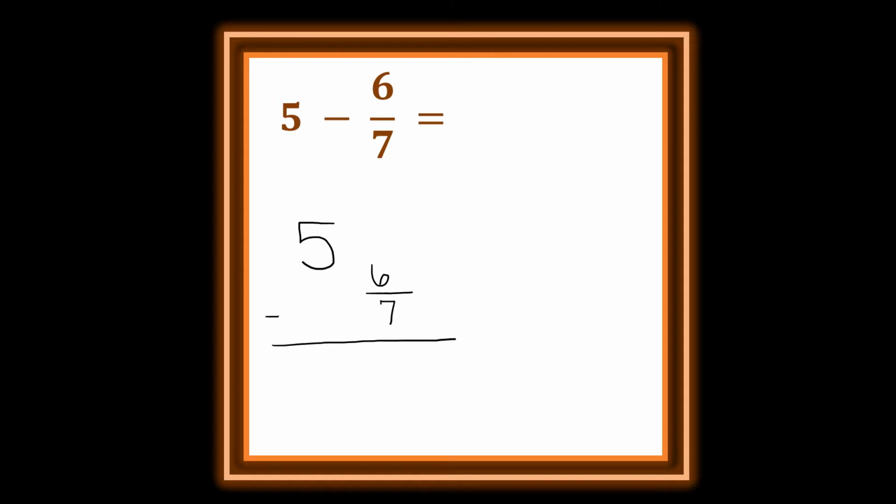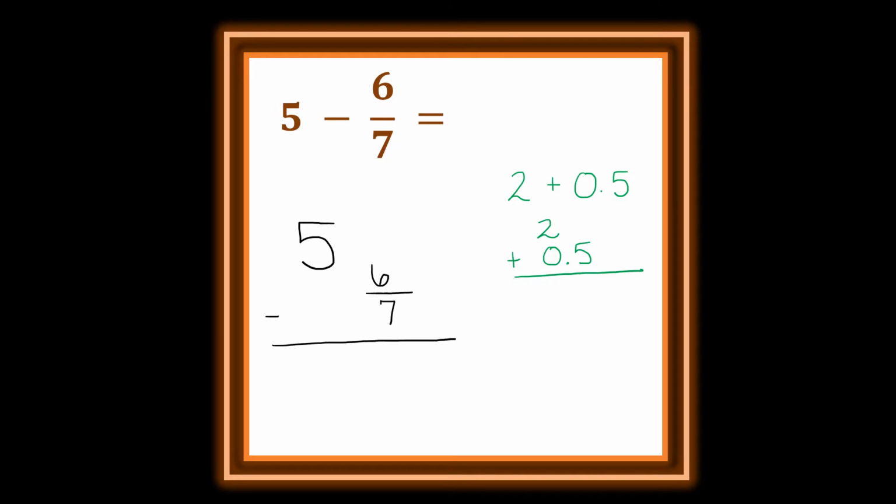If you remember, when we added decimals, sometimes we had a problem that might look like this: 2 plus 0.5. So when I wrote this problem out, I would write 2, and then I'd have 0.5, and what did I have to do?